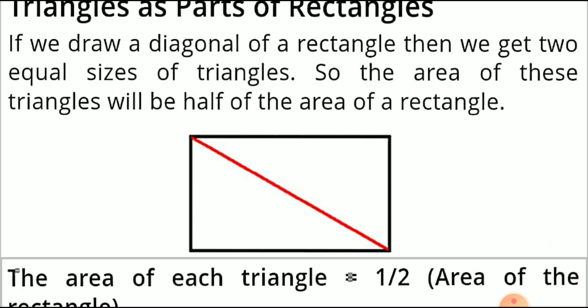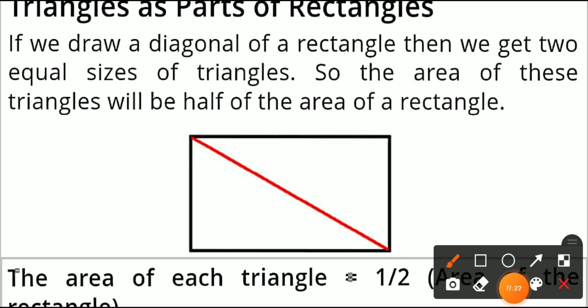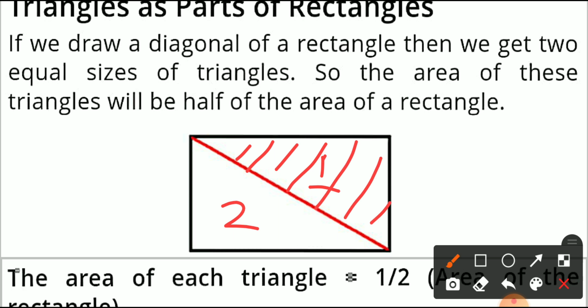So it is saying if we draw a diagonal in a rectangle, we get two equal triangles, first and second. This is the first triangle and this one is the second triangle. Do you see?